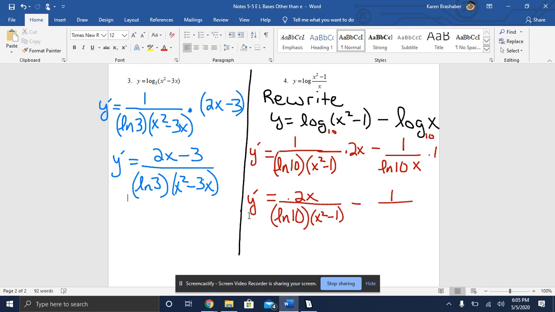So minus 1 over natural log of 10 times x. Another bit of simplification is we could factor out 1 over the natural log of 10 and then have 2x over x squared minus 1 minus 1 over x. And we could work to get common denominators for that.